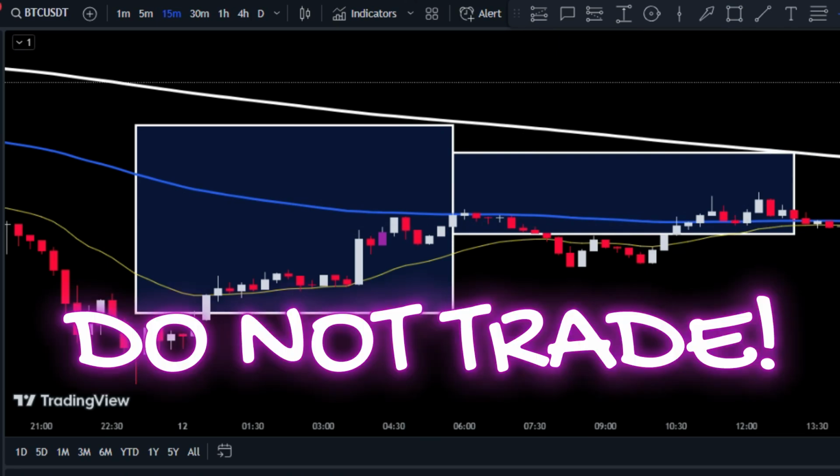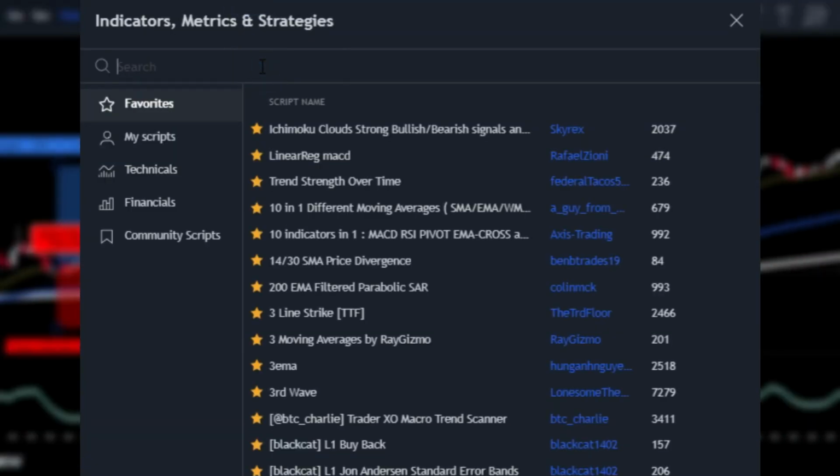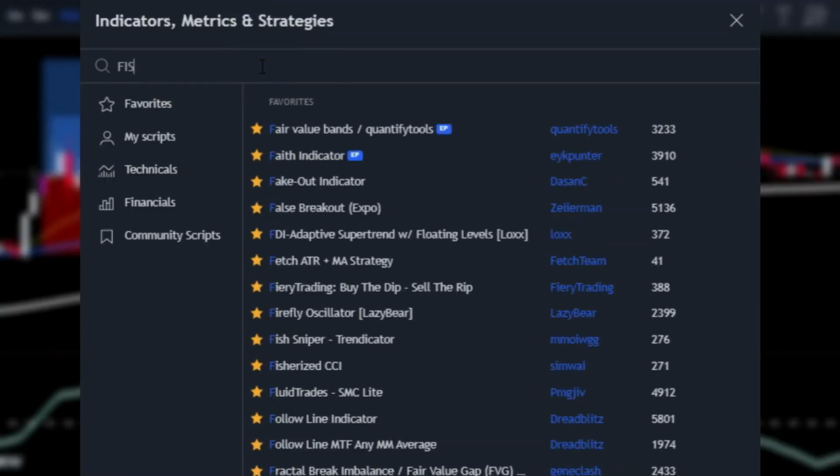Before we can explore the optimal approach for initiating a trade using this strategy, we first need to finalize our setup. This involves incorporating the fish sniper indicator into our chart.